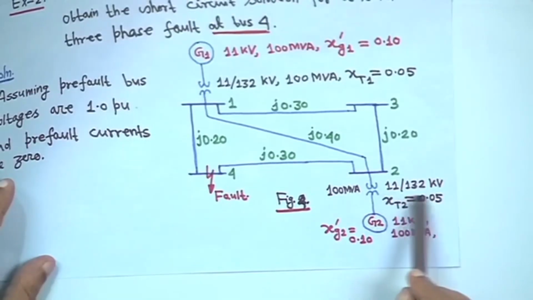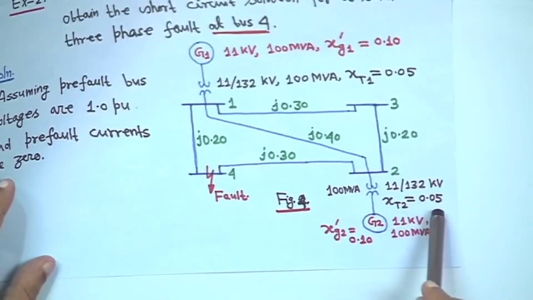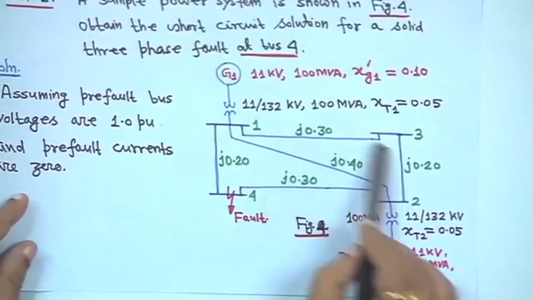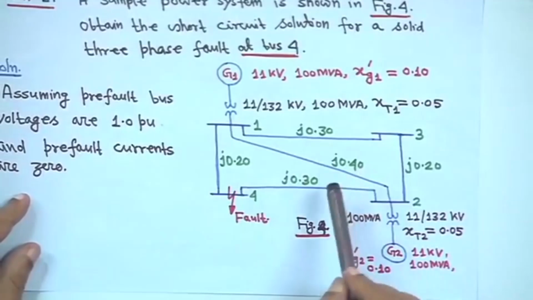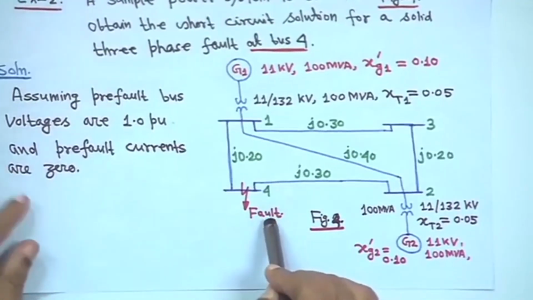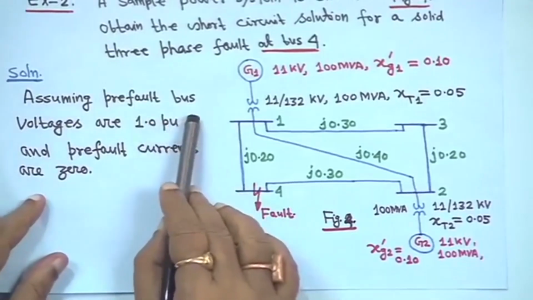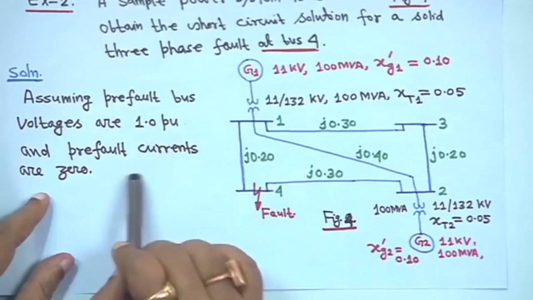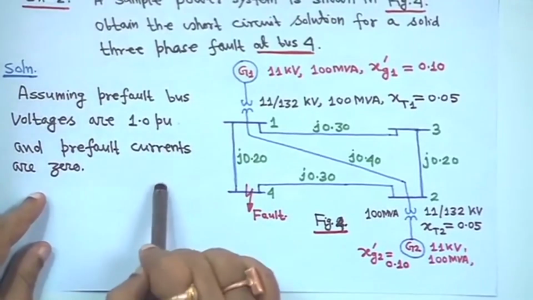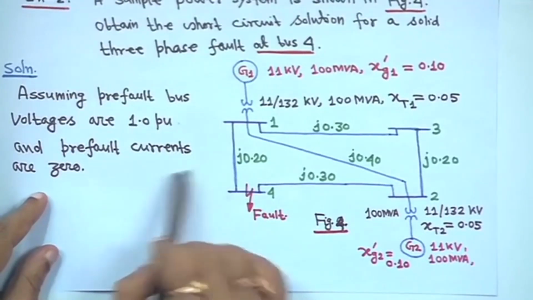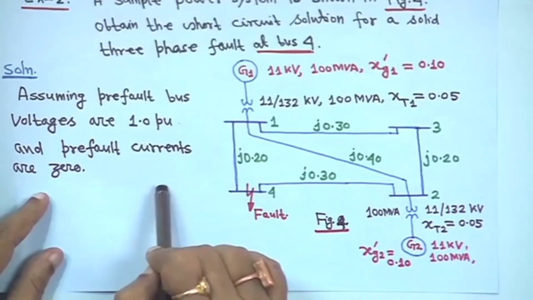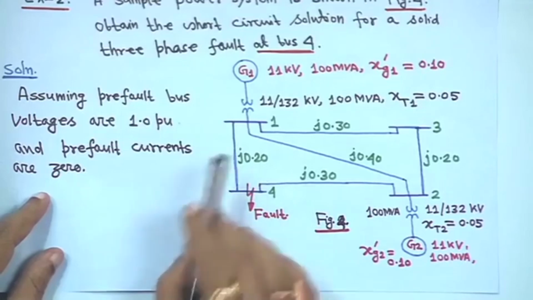The transformer reactance is given as 0.05, the generator X2 is 0.10, and the line impedances are given, with resistance neglected. The fault has occurred at bus 4. Assume the pre-fault bus voltages are all 1 and the pre-fault currents are 0. This assumption we have to make, and you have to find the short circuit solution.